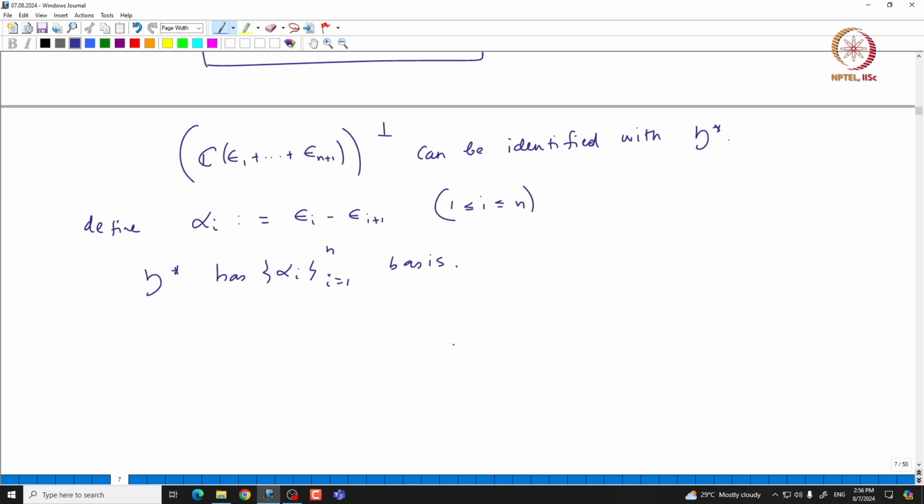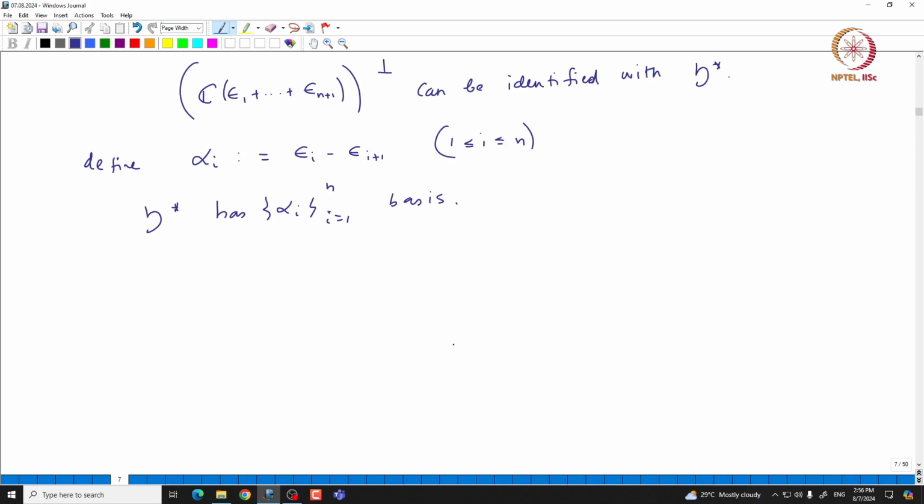Okay. And not only that, if we actually take the inner product between them, you can easily see that the inner product of alpha i and alpha j is given using this epsilon i basis. So, this is epsilon i minus epsilon i plus 1 inner product with epsilon j minus epsilon j plus 1.